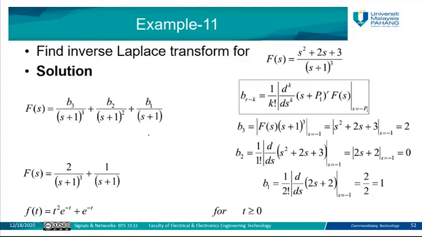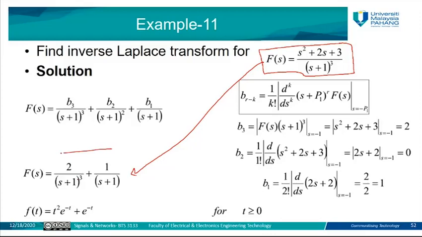Our interest is more in finding the inverse Laplace transform for this function. But because it is difficult to find the inverse for this one directly from the table, we apply partial fraction. And the result of applying partial fraction gave me this function here. This F(s) is the same as that F(s), but this one consists of one block, and this consists of two blocks or two bars.